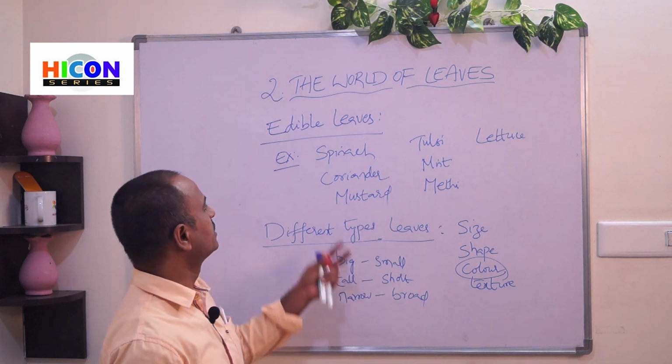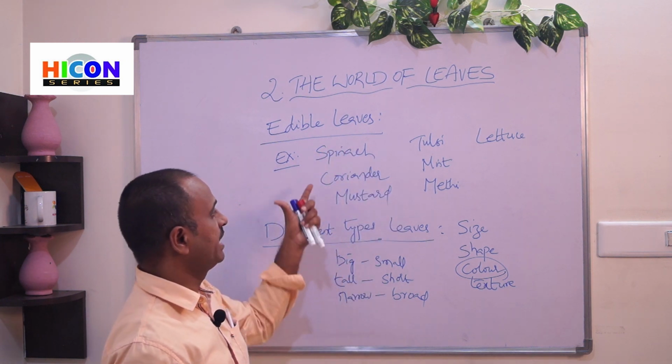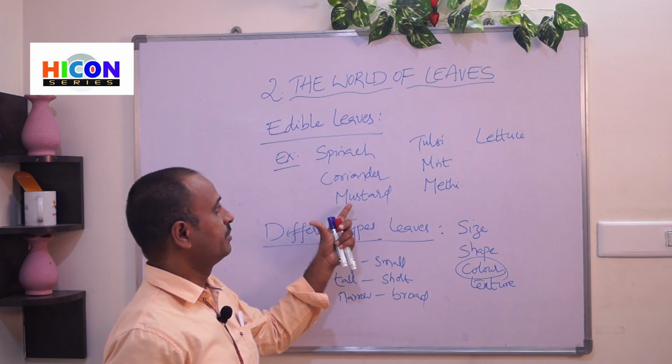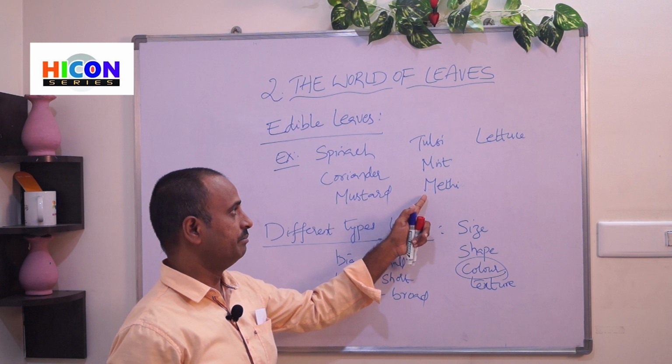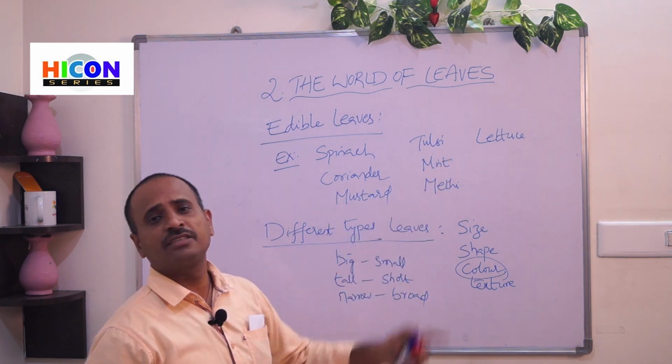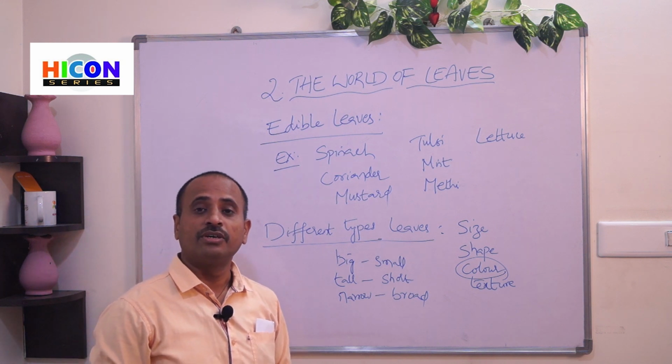So we can use these leaves in our daily life, in our food materials: spinach, coriander, mustard, tulasi, mint, methi, lettuce, etc. And the leaves contain nutrients.